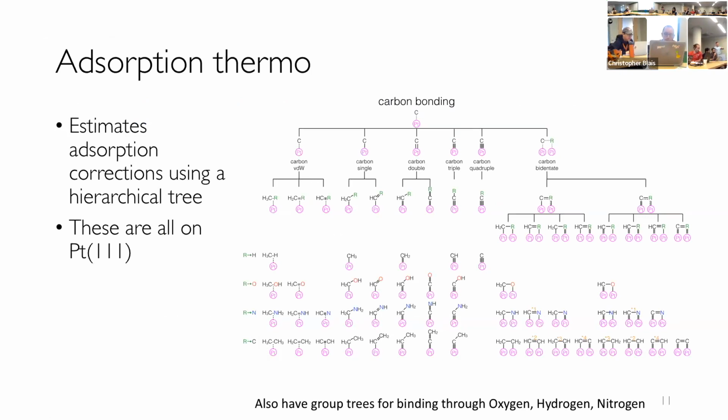So delving into thermo a little bit more, similar to the group additivity trees that we have for the gas-phase species, we have hierarchical adsorption correction trees that we put together. This comes from a lot of data that was generated by Katrin and also Gabriel at Brown.